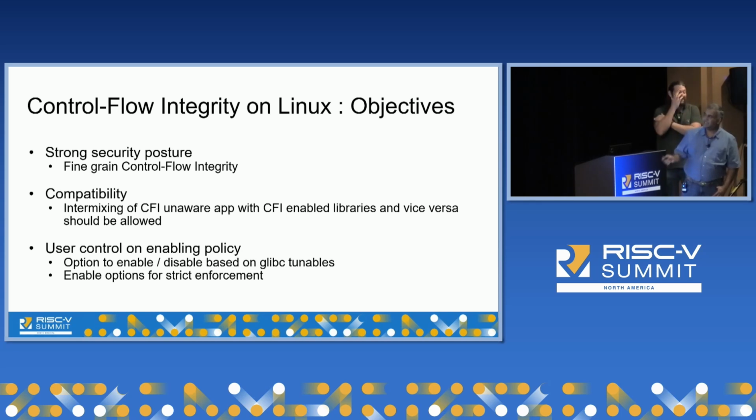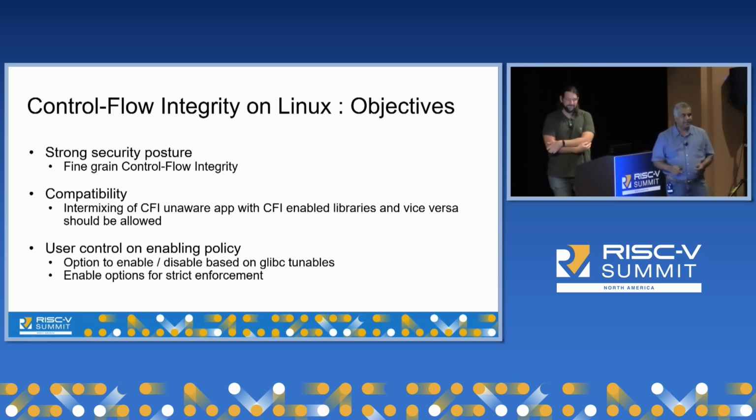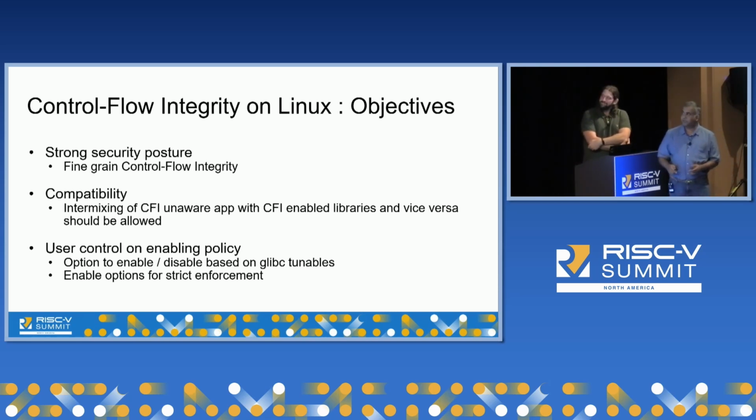In the next couple of slides, and I'm running up against time, so I'll be going fast, we'll talk about what kind of extensions we need in Linux to enable the ZI, CFI, SS, and LP extensions. Again, from a Linux perspective, Linux itself wants to use CFI for the kernel itself. It provides a strong security posture.